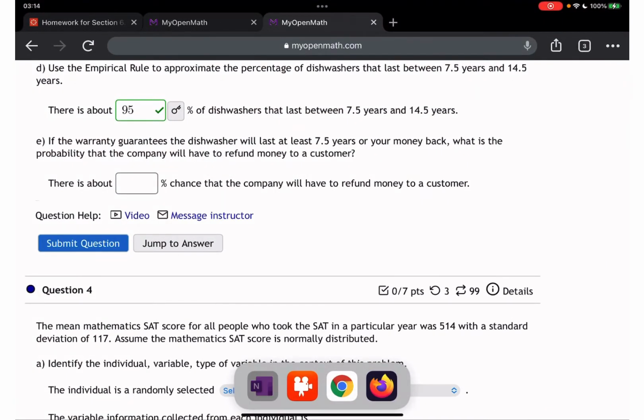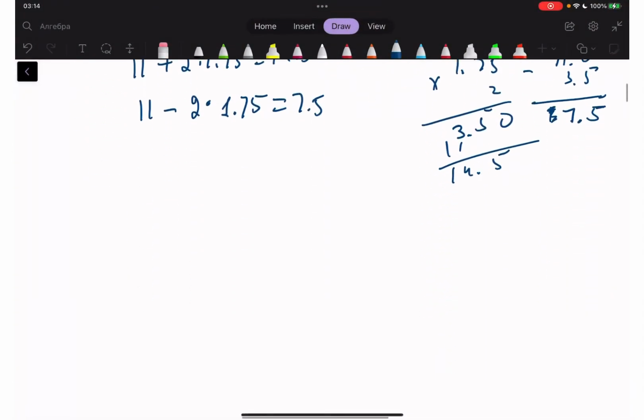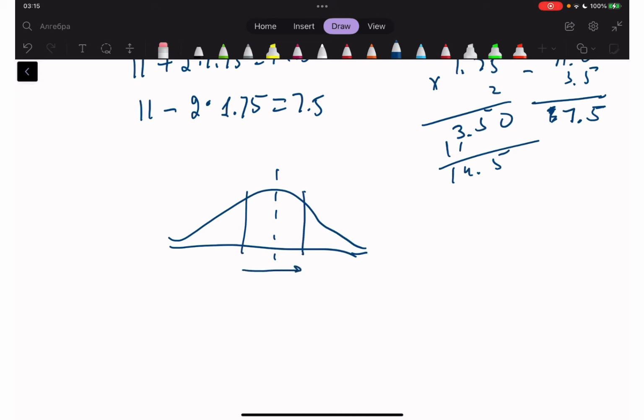Okay, so beyond 7.5. Based on the empirical rule, this is going to be our 68%, which means 34 here, 34 here. Next, it's going to be 95%.